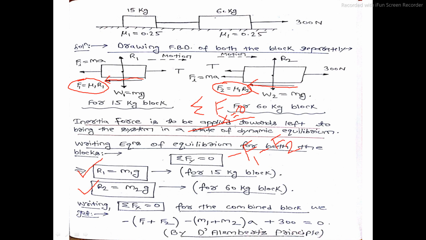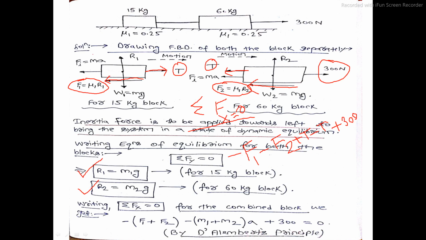Then I can write plus T, the tension force exerted by the string on the 15 kg block, and it is acting along the positive x direction, so I will write plus T. Minus again the tension force exerted by the string on the 60 kg block, and here the tension force is acting along the negative x direction, so the sign will be minus T. Okay, plus 300 newton force acting along the positive x direction on the 60 kg block, so plus 300. Clear?